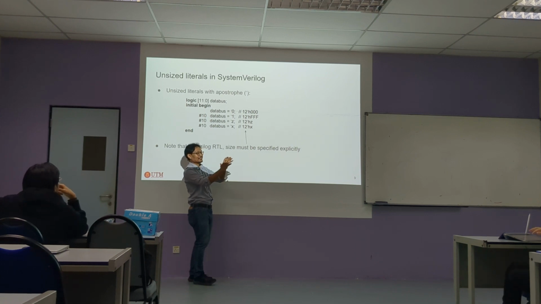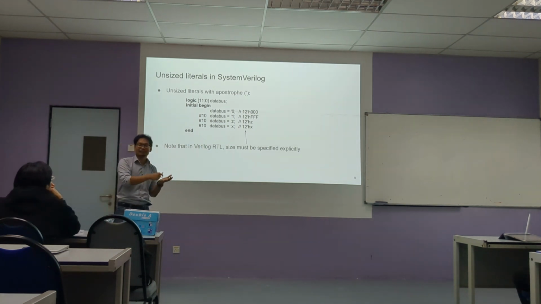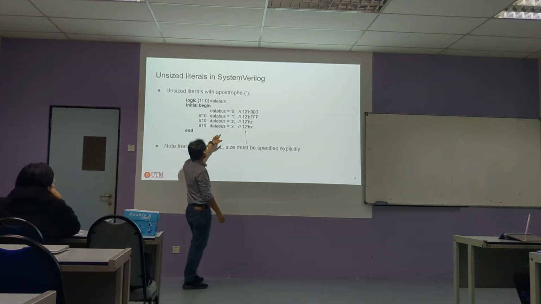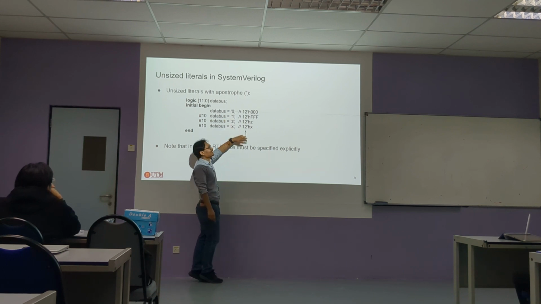Kalau input output ke system, normally you use logic lah. But if it's an internal control, like for loop, then you use integer lah. So integer normally we don't do the apostrophe lah. Kalau integer terus tambah equals to 1, which is 00001.